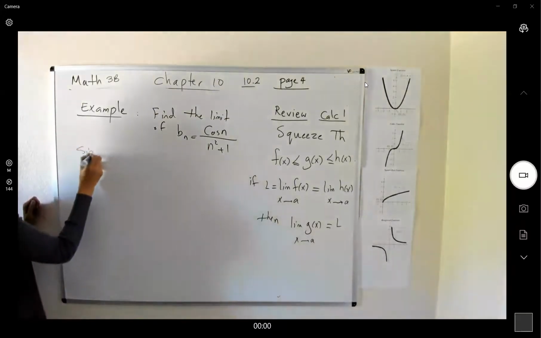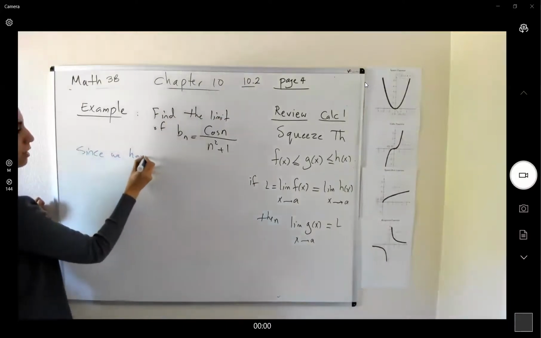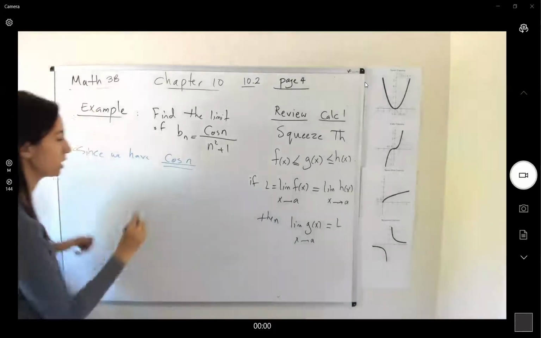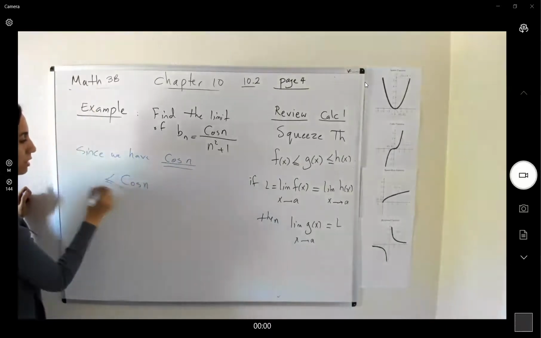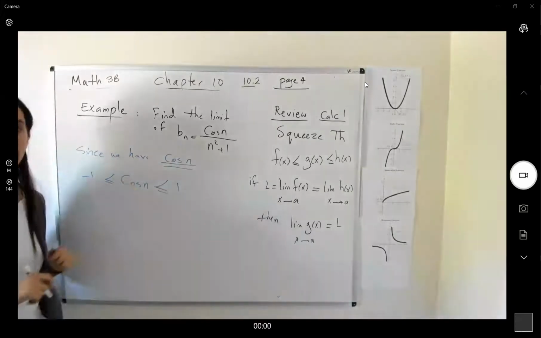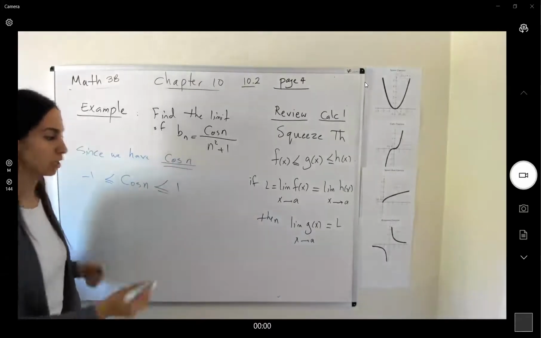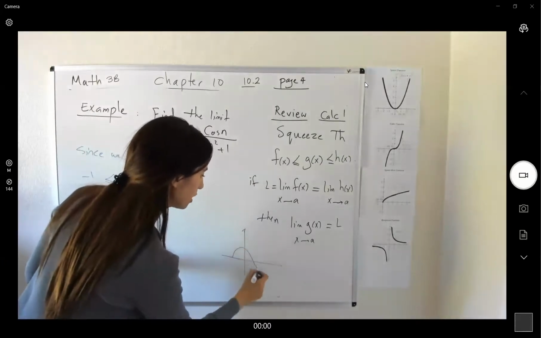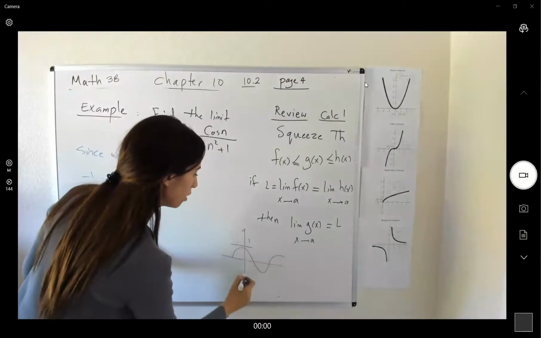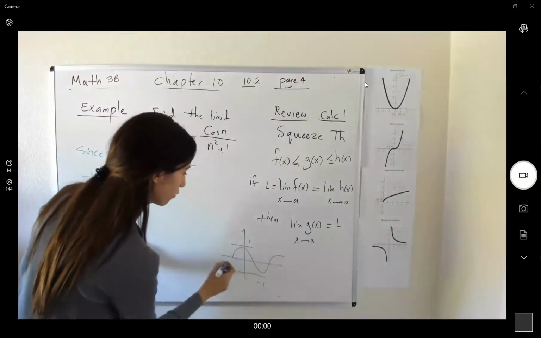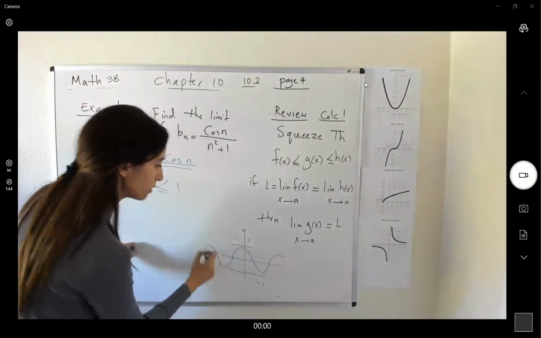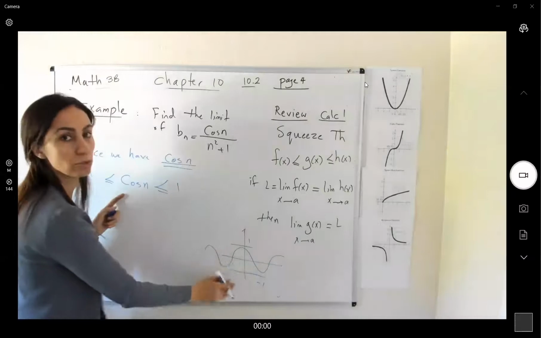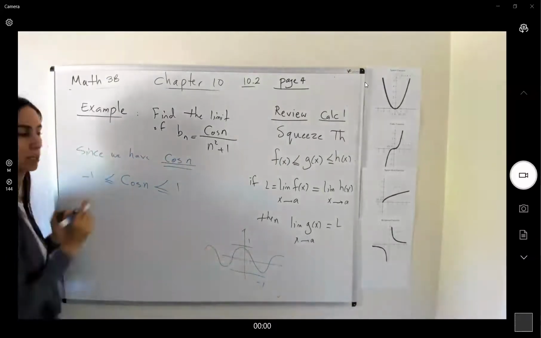Since we have cosine n, the cosine function is always between -1 and 1. It's always true. If you graph your cosine function, it is oscillating between 1 and negative 1. It's always bounded between -1 and 1. Cosine as a y value is bounded between -1 and 1.